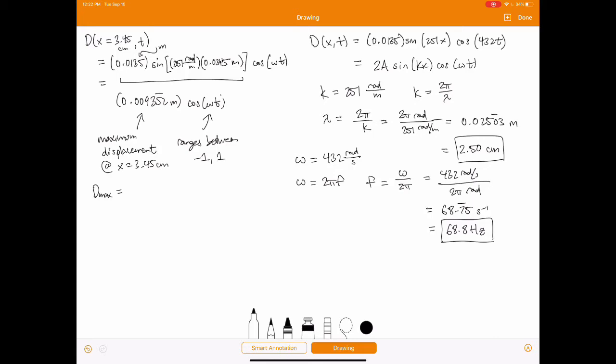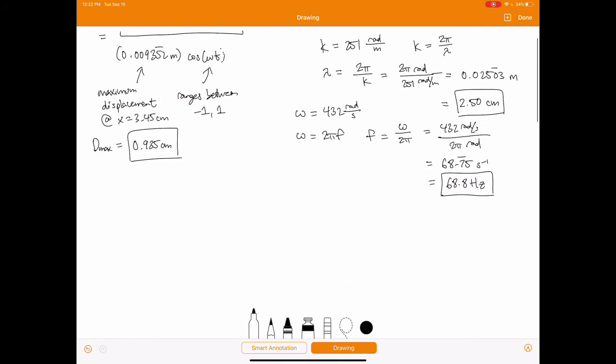And converting that to centimeters gives us 0.935 centimeters. So the point of this is, not all parts of a standing wave have the same maximum displacement.